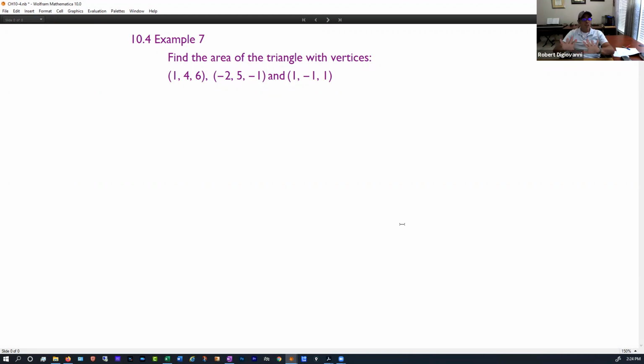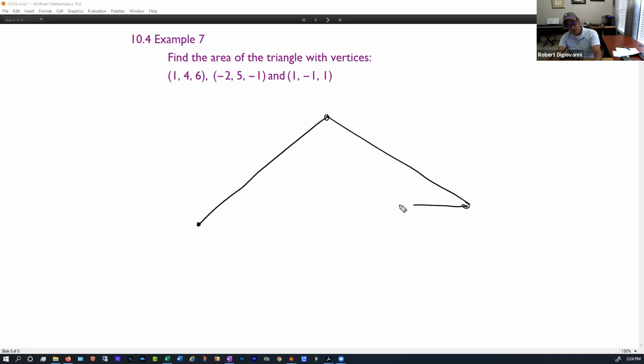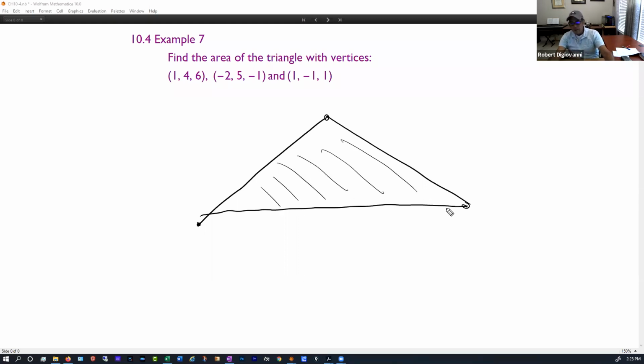Like if it's on a flat sheet of paper, we can do it, because on a flat sheet of paper you can always find the base and the height and do some math to it. But this is saying that doesn't matter, right? Draw me this triangle in 3-dimensional space. Boom, here it is, sitting in 3-dimensional space. The area of this is what we want. But if we take 2 vectors, so let's create a vector from here to here.